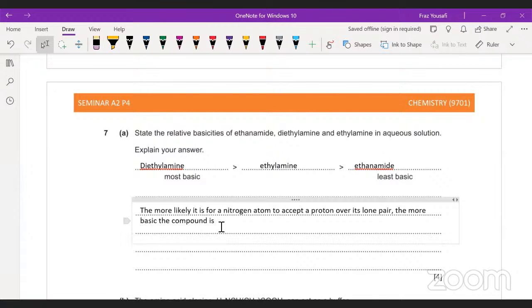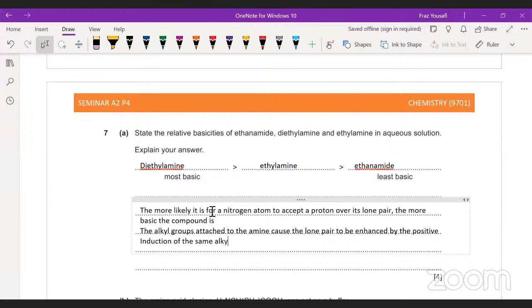Now, why are the diethylamine and the ethylamine more basic? The ethyl groups, or the alkyl groups, attached to the amine cause the lone pair to be enhanced by the positive induction of the same alkyl groups, making it easier to accept a proton, right?